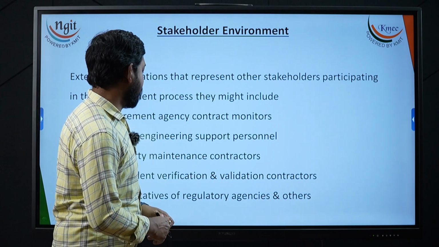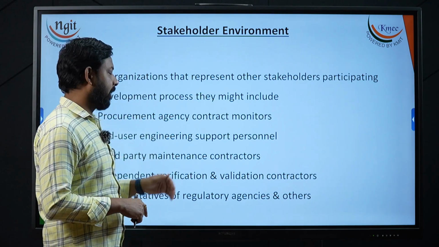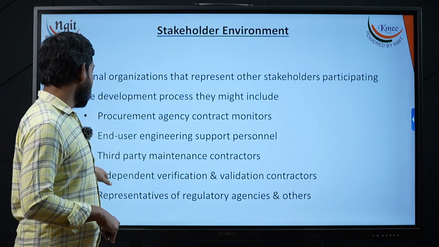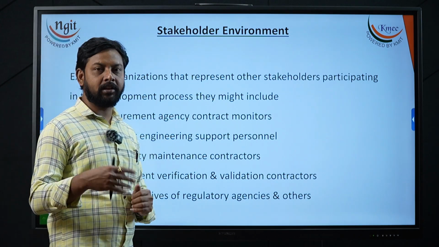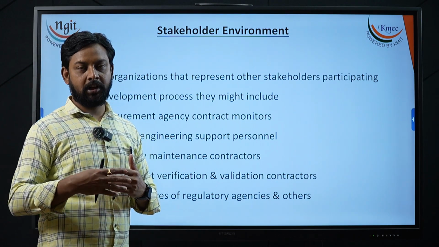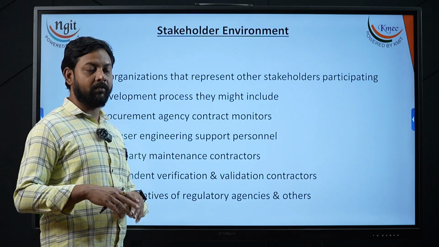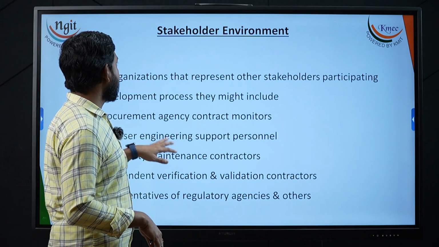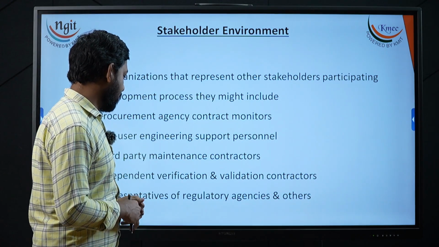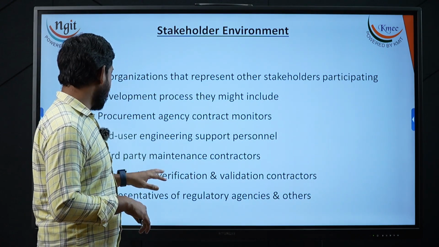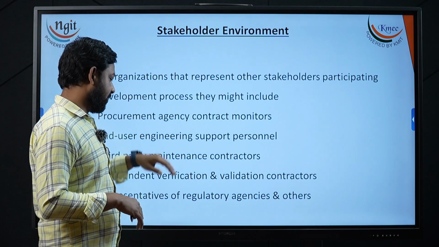They can be stakeholders related to your end engineering support. They can be stakeholders who maintain the contracts that are done with third parties, and you can have independent verification or validation contractors. All these are the different types of stakeholders from the outside environment.